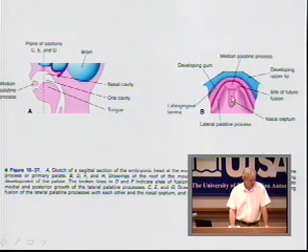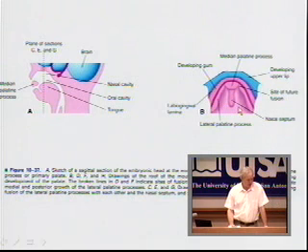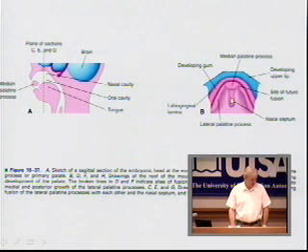And the nasal septum is beginning to develop up there and will descend down. So there is actually a space between this median palatine process and the nasal septum.